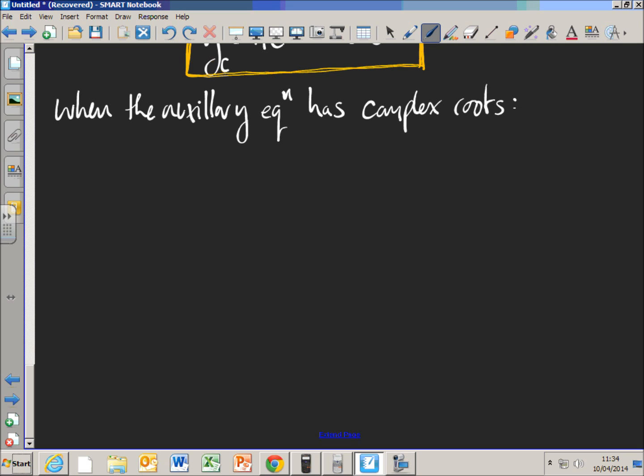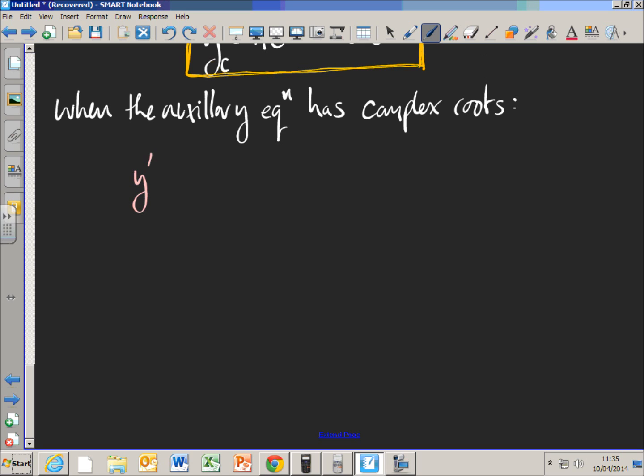Let me find a question for us to do on that. I'll put boundary conditions in, but I'll make it easier in another way so we can see the thing.